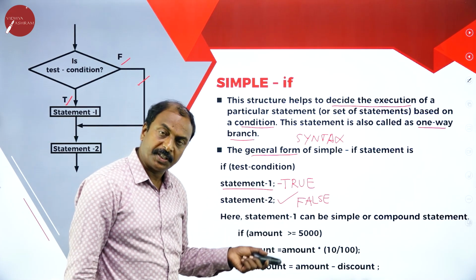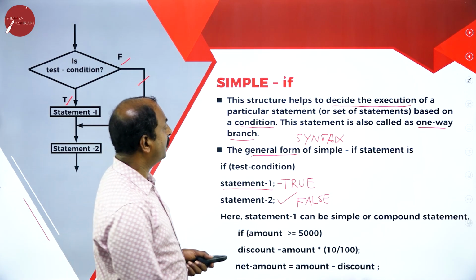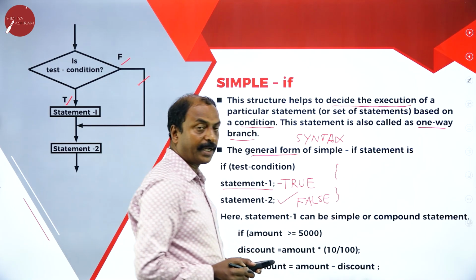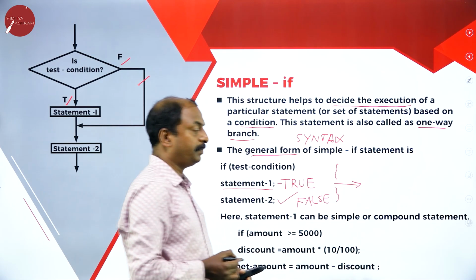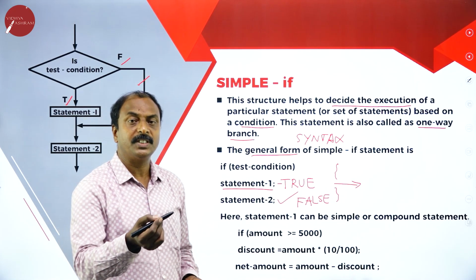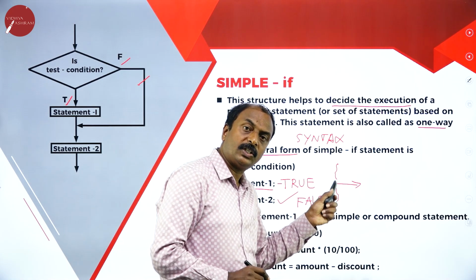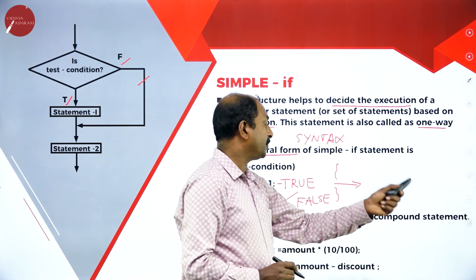If it is a compound statement, there will be more than one statement, and in that case we will make use of these brackets. Inside these brackets we write compound statements. Means if there is more than one statement to be executed, we have to place them between these two brackets. So this is the meaning of simple or compound statement.